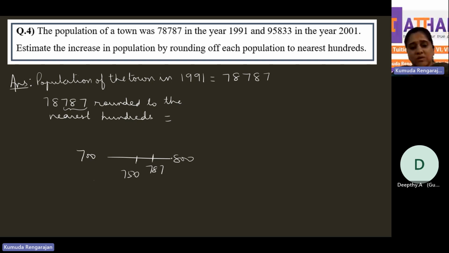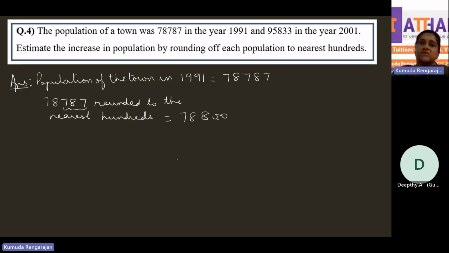Somewhere here, so it will be rounded up to 800. If it is on the lower side, it will be rounded down to 700. If it is exactly 750, it will become 800. Very good, Tanya. So this number rounded to the nearest hundreds is equal to 78,800. Is this understood?